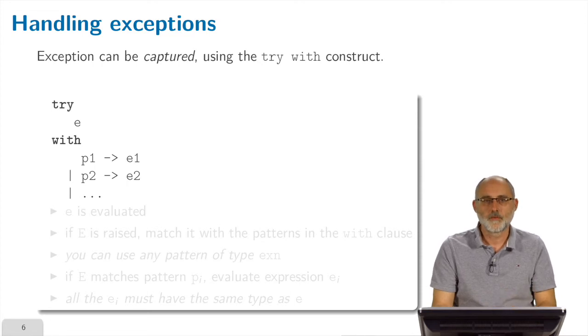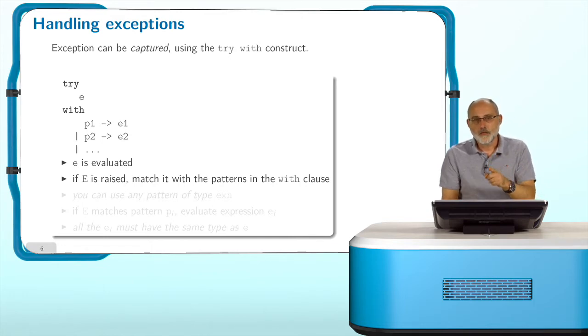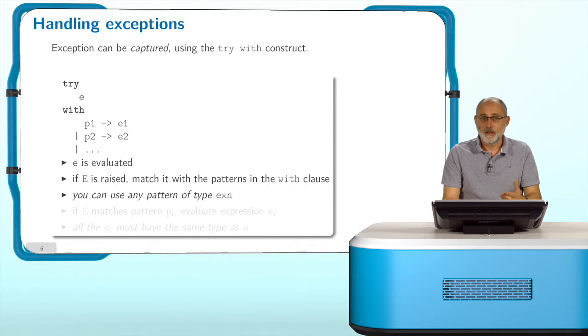What happens? Well, basically the expression E is evaluated. If it doesn't raise any exception, fantastic. The result of the try with construct is just the result of E. But if an exception, let's say capital E, is raised, then this exception is matched with all the patterns that come after the with clause. It is just general pattern matching, you can use any legal pattern.